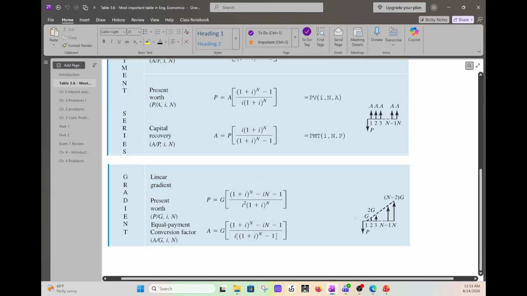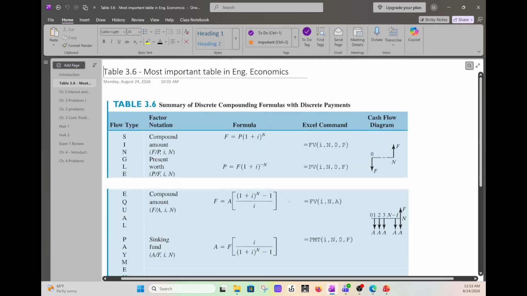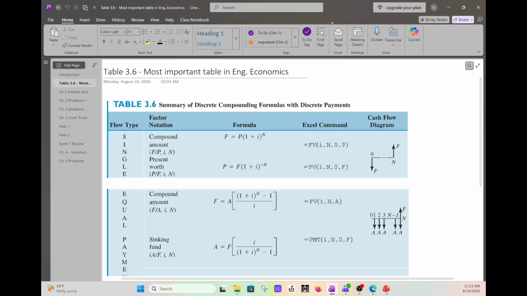These linear gradient ones are for when, say, you get a bonus every year of $2,000 that keeps adding, and you can use these formulas. Again, very important table. We will use these equations pretty much throughout the entire semester because they have the time value of money incorporated in them.